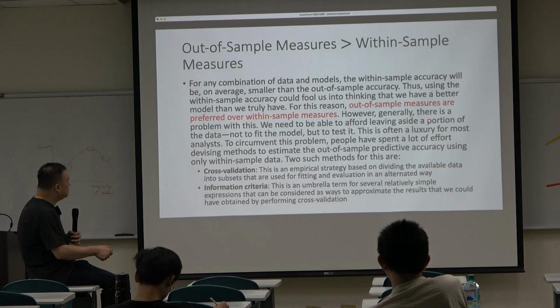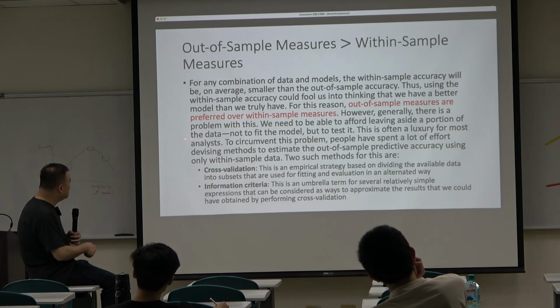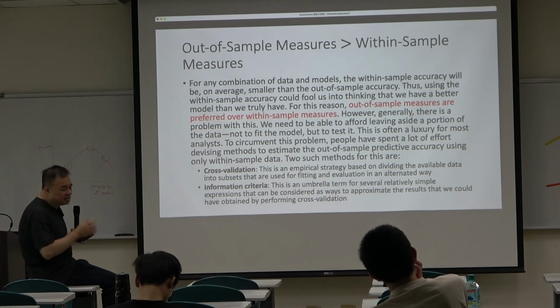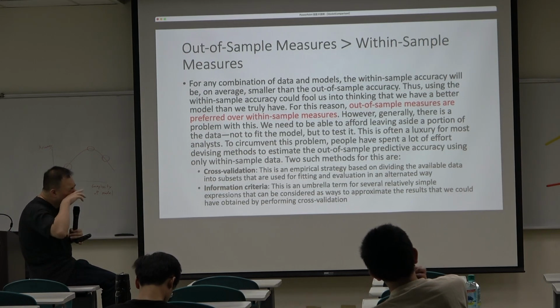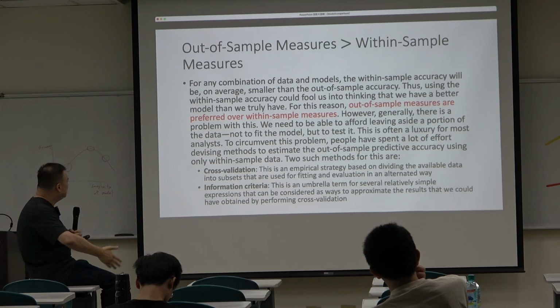However, generally there is a problem with this. We need to be able to afford leaving aside a portion of the data, not to feed the model, but to test it. So that's where we normally divide the data into multiple portions.